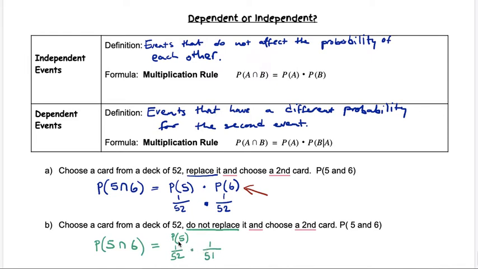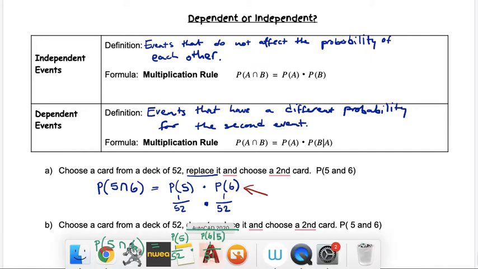So choosing any card and not replacing it has affected the probability now of choosing a 6. So the probability of choosing a 6 given you've already chosen a 5 is 1 out of 51.